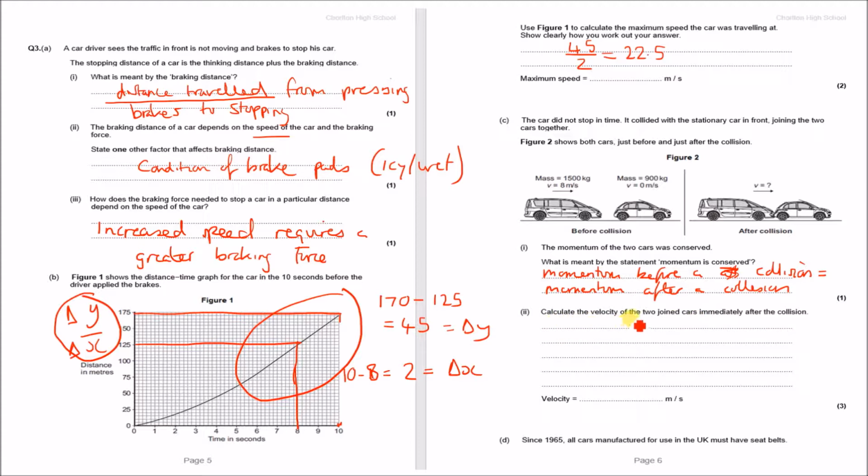Calculate the velocity of the joined cars immediately after. So before they collide, this is going to give us our momentum. Okay, so we're looking for the momentum of the whole system. That is everything here, and that will tell us the momentum of the system after the collision. So we're after all of this first. So we're going to do P, which is momentum, is equal to M times V. And normally we'd have to do it for both of them, but because this is going 0 meters per second, we know 900 times 0 is going to give us a momentum of nothing.